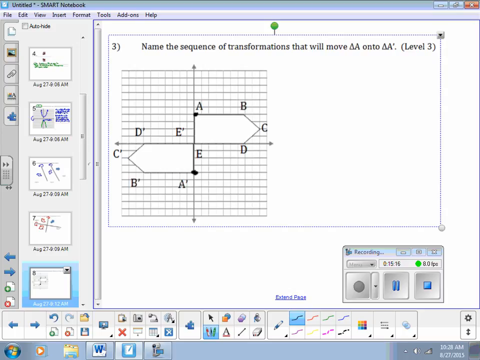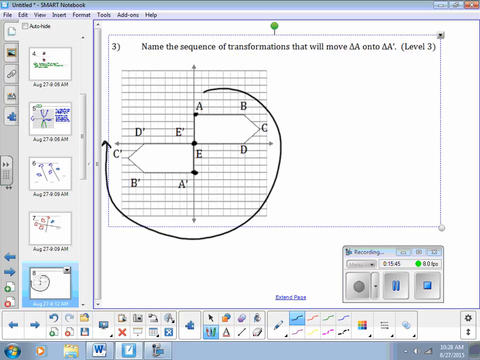Now, it's possible there could be different combinations that you could do this, okay? If we were to rotate this figure about the point E, this would be 90, this would be 180 degrees. Would the letters match?